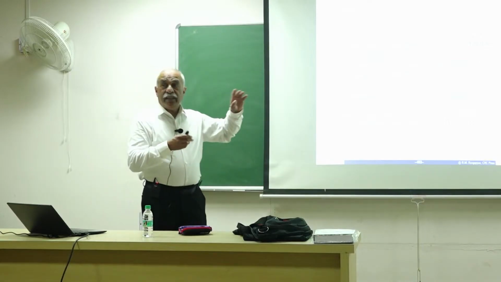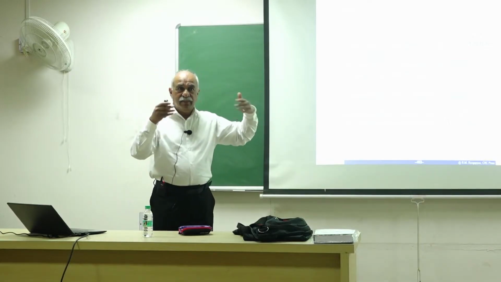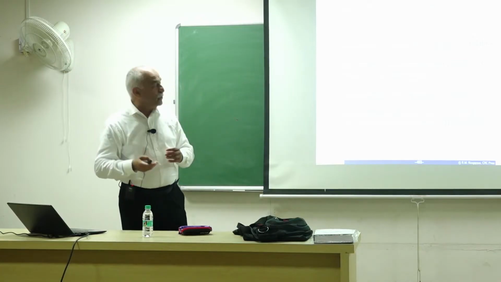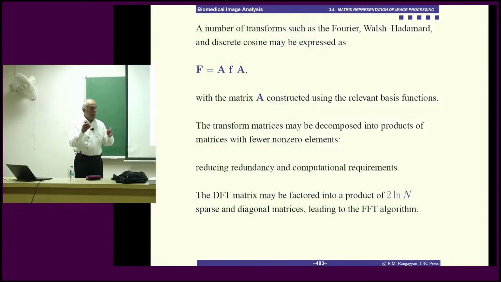So by reducing this matrix that may have various real values into a series of sparse and diagonal matrices, you can reduce the number of computations, and that forms the basis of the FFT algorithm viewed in a different way. The original Cooley and Tukey algorithm was not developed this way, but there are other papers showing matrix derivation of the FFT algorithm.